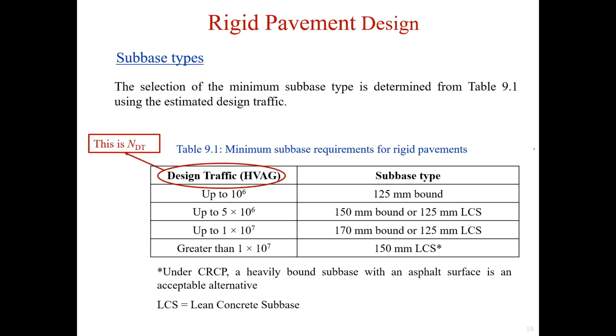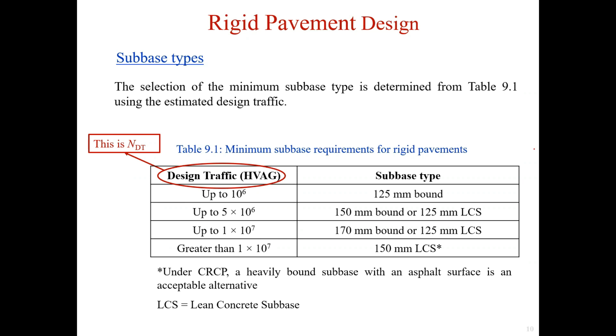Once we have the design traffic, the selection of the minimum subbase type is determined from table 9.1. According to different calculated NDT, we choose different types of subbase from this table. Within the table, the LCS stands for the lean concrete subbase.